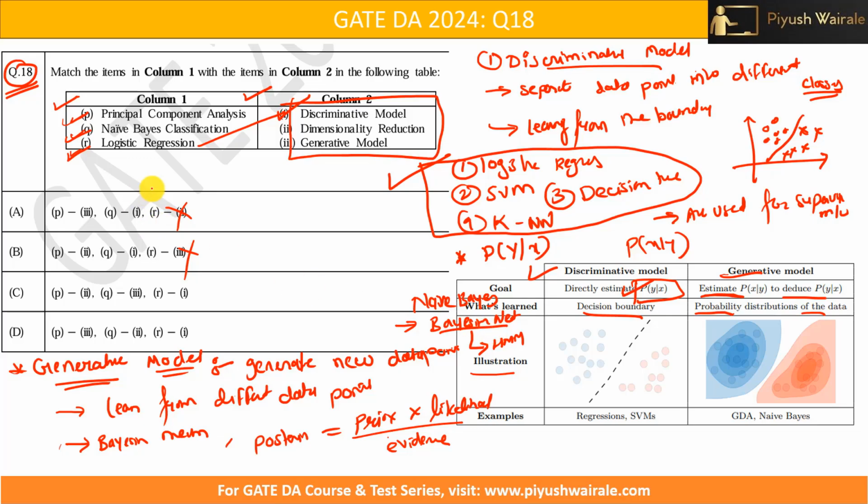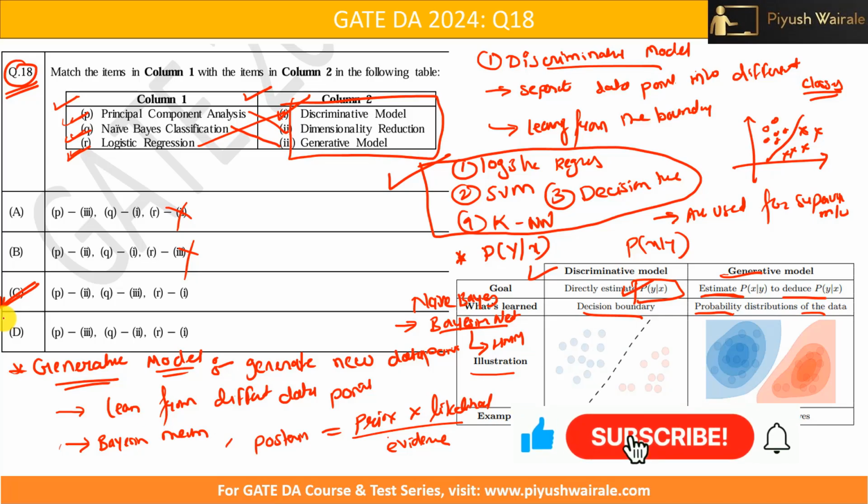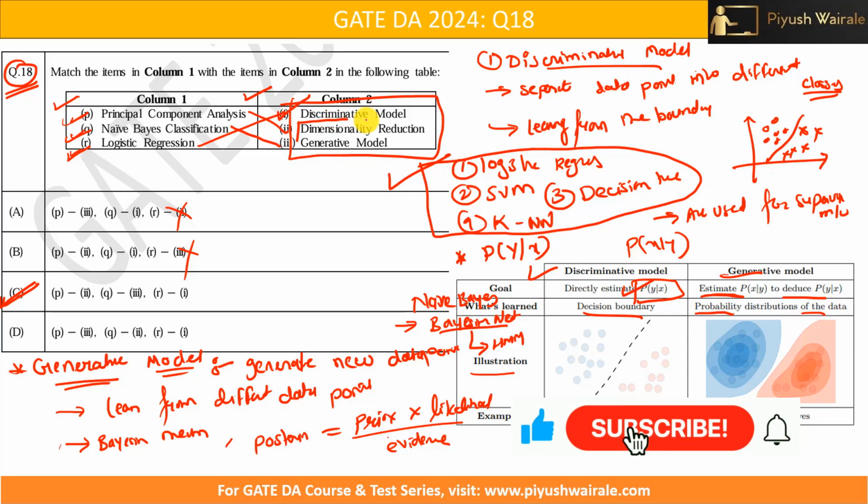Now if I go back to the question, logistic regression is a discriminative model, Naive Bayes classification is a generative model, and the remaining one, principal component analysis, is dimensionality reduction. So option C is correct here. I hope you understand what a discriminative model, a generative model, and dimensionality reduction are.